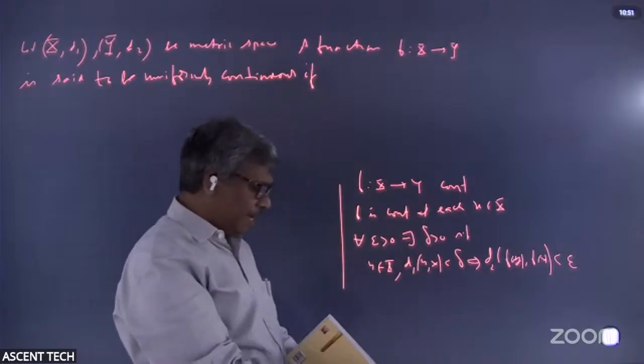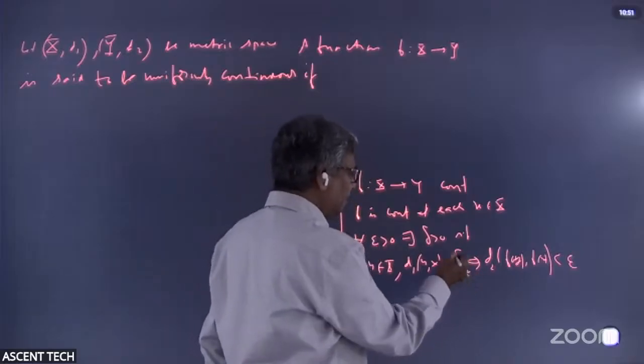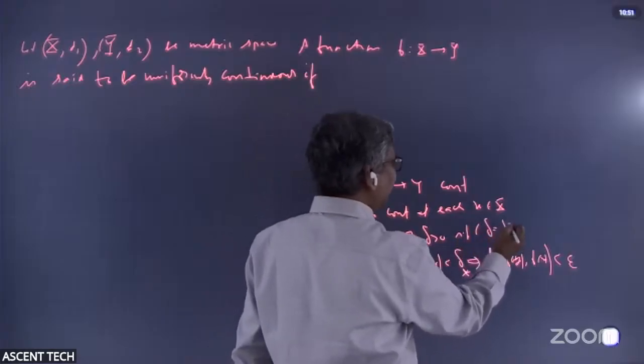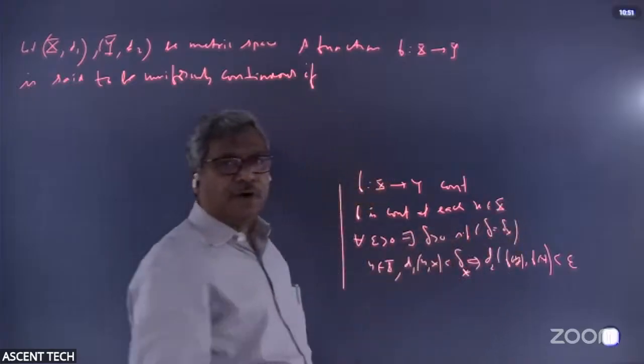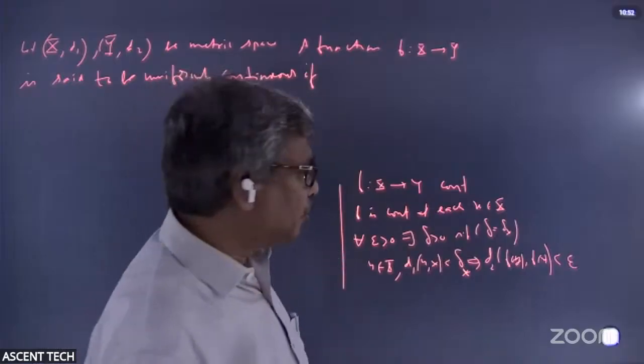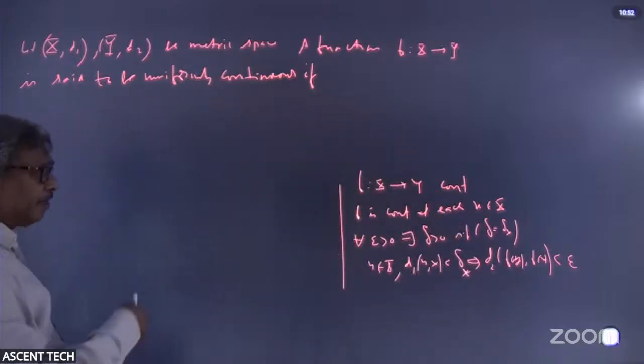So this delta actually depends on x. Various different x's will have very different deltas, and there may not be a minimum positive delta. That's the trouble. But uniform continuity means the same delta works for everything.